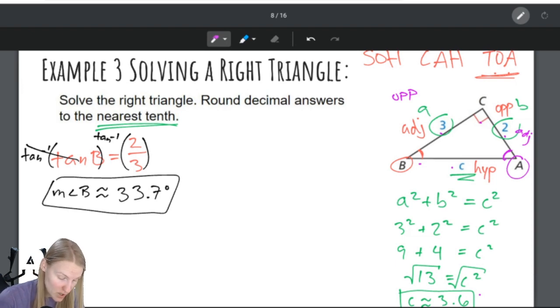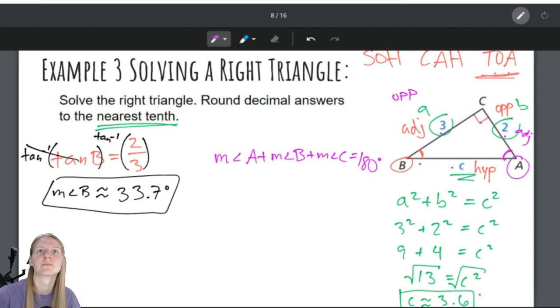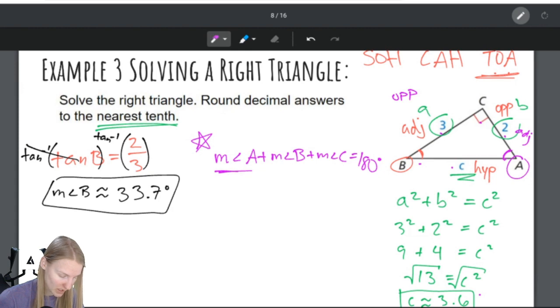So I know that the measure of angle A, and the measure of angle B, and the measure of angle C needs to be 180 degrees. That's the triangle sum theorem. We learned that back in chapter 5. So I don't know what the measure of angle A is, but I do know that B is 33.7 degrees, and C is 90 degrees.